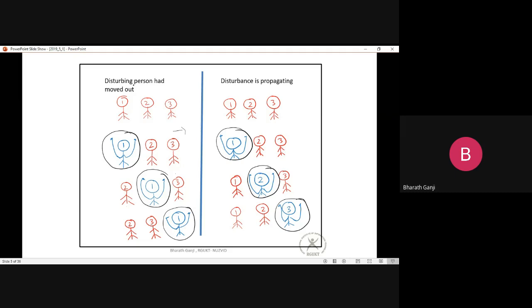That means in one case, the disturbing person or that object is actually moving out.